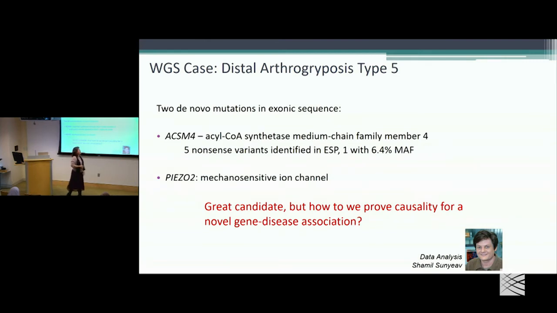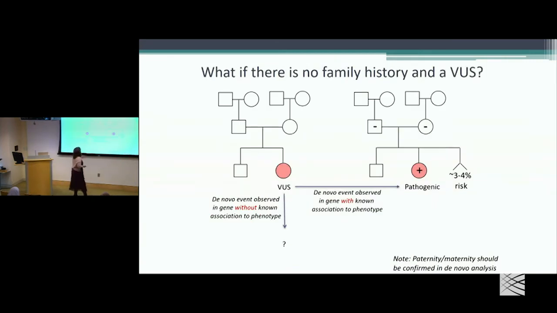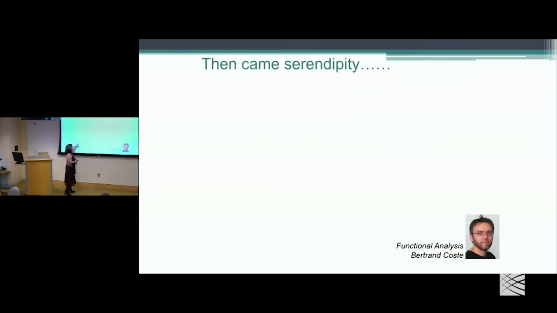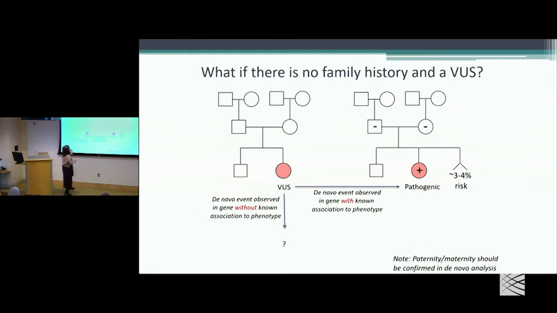So how do we implicate this gene? And I should mention, and this will become clear in next week's lecture, when we see a de novo event without known association to phenotype, you really can't conclude anything. It is uncertain.